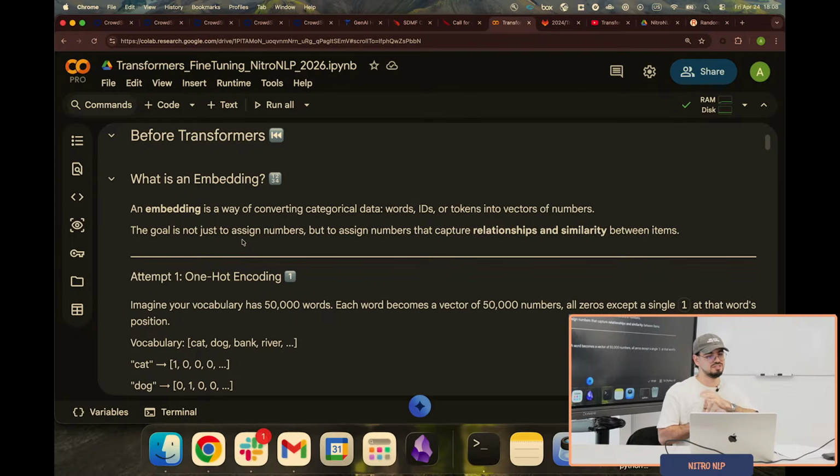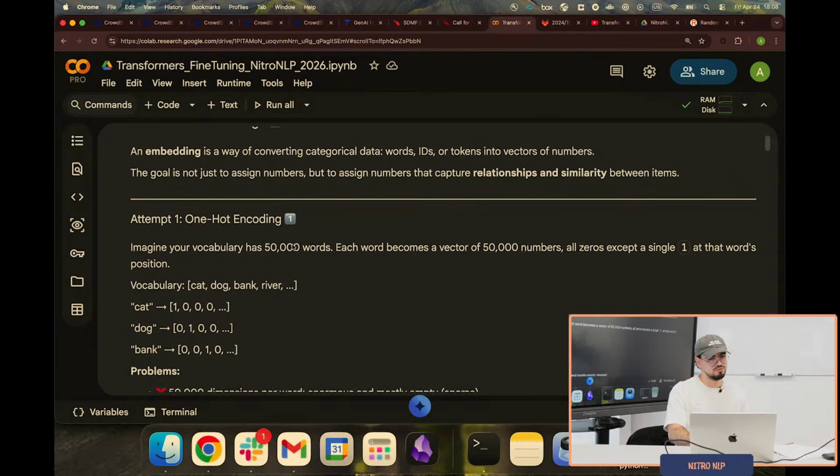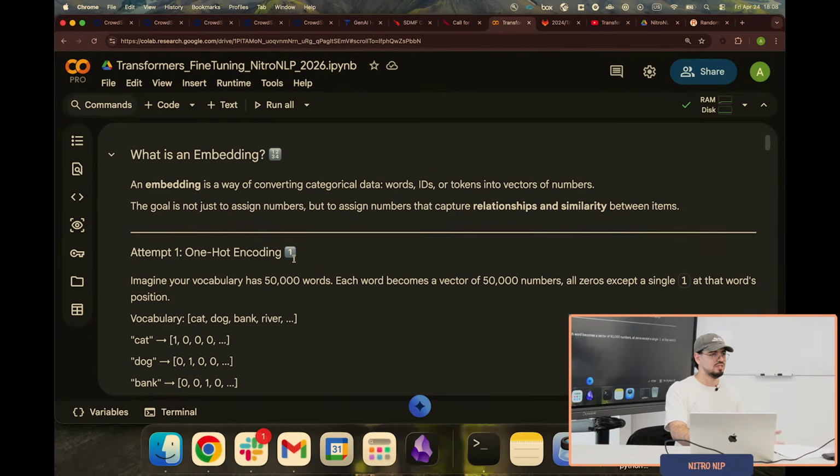We're going to start with embeddings. An embedding is basically a way of converting, as I said, categorical data, words, IDs, or tokens into vectors of numbers. The first attempt at embedding is called one-hot encoding. Imagine you have a vocabulary of, I don't know, 1,000, 2,000, 50,000 words.